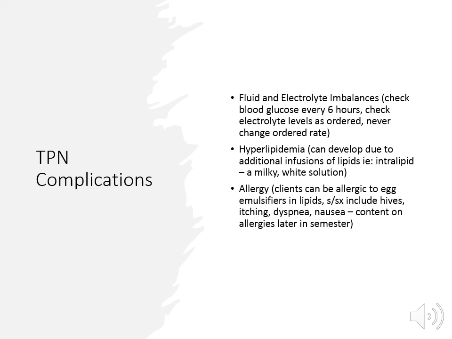More TPN complications include fluid and electrolyte imbalances, which is why you check the blood glucose every 4 to 6 hours. Also, you want to check the electrolyte levels as ordered and never change the ordered rate. The TPN is a hypertonic solution, so it has a higher osmolality than that of the serum, that of the blood, which could cause fluid to shift by pulling fluid and electrolytes from the intracellular and interstitial spaces into the intravascular compartment.